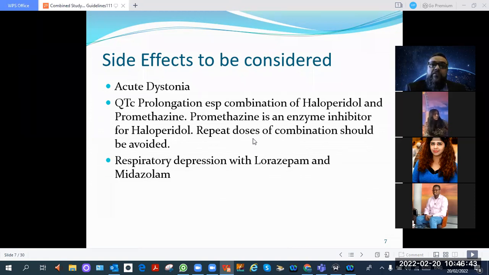I have already told Dr. Omar that it is a good combination, but you should keep the doses low. Maybe promethazine 50 milligrams and haloperidol no more than 5 milligrams, and it is good, and it will prevent the extrapyramidal side effects. Now, respiratory depression can happen with lorazepam and midazolam.